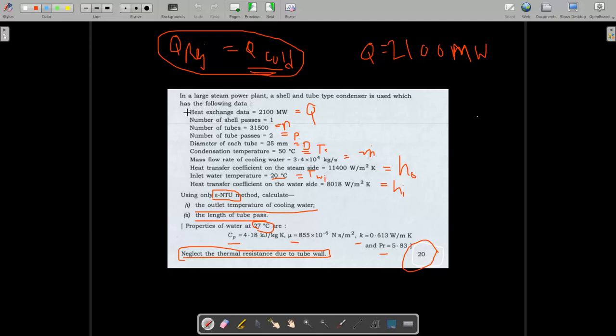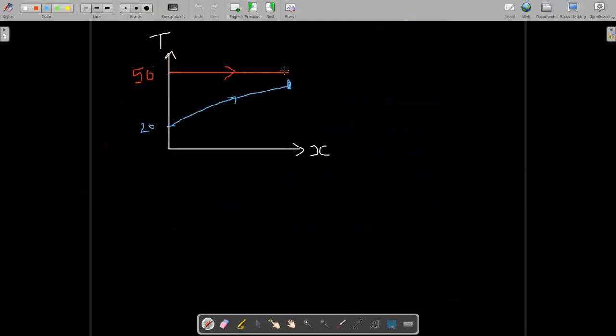Now what we have to do is find this. We have the total heat exchange data. As I told you, whatever amount of heat is rejected by the hot fluid is gained by the cold fluid. So the heat gained by the cold fluid, Q, is equal to m cp ΔT here, because the water is not changing phase but is being heated. Okay, so 2100 megawatt, we will convert into kilowatt.